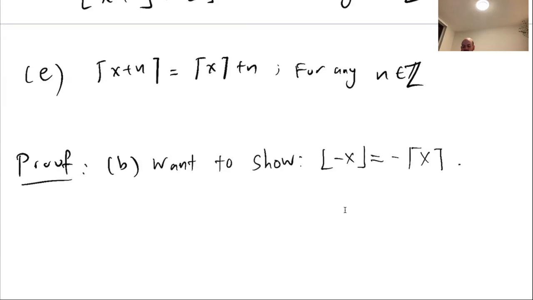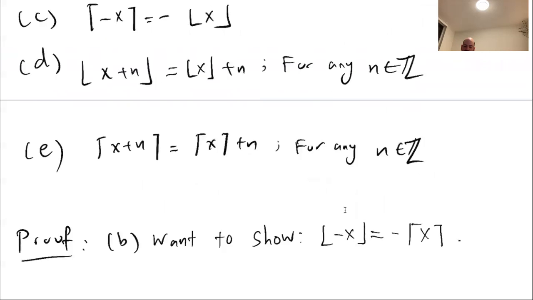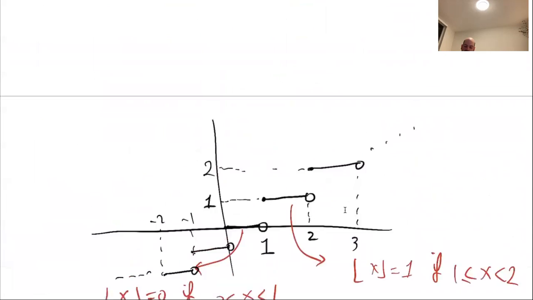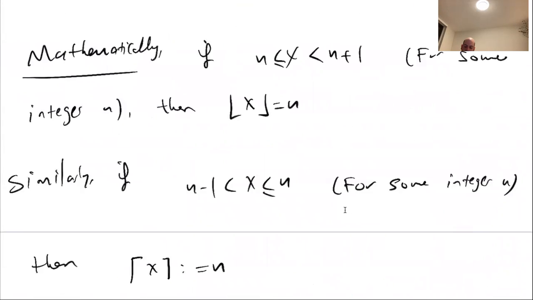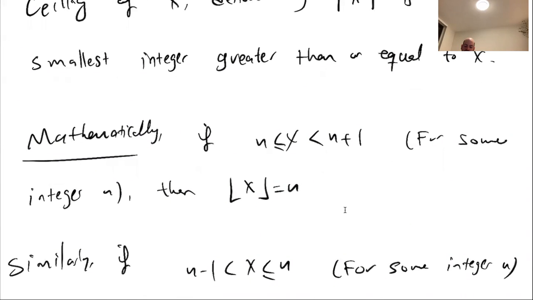Well, let's start with, we know that for every X, if you look at the mathematical definition of floor, we said that if X is bigger than or equal to N, less than N plus 1, then floor of X is defined as N. So for every X, there exists an integer N such that X is bigger than or equal to N, less than N plus 1.